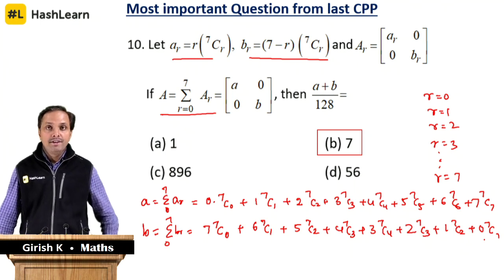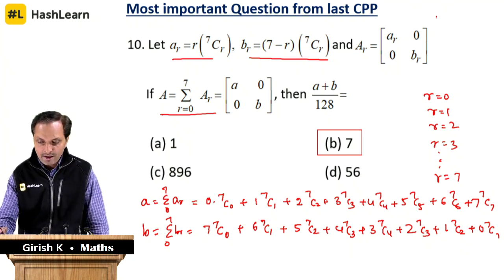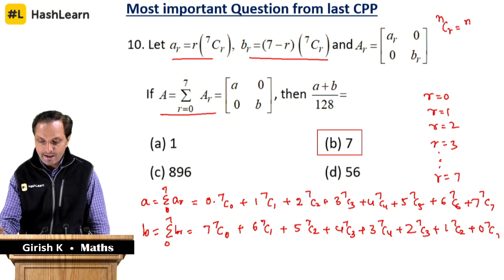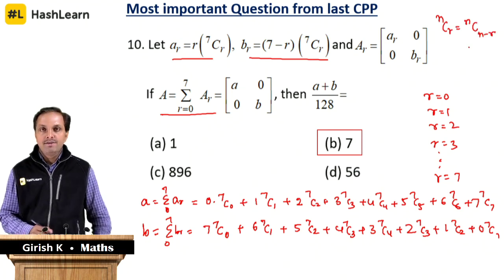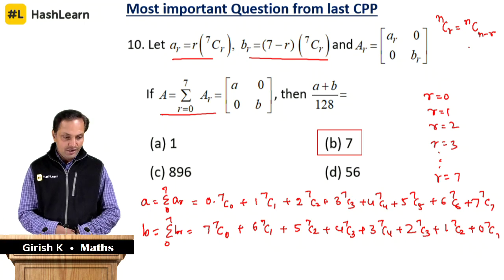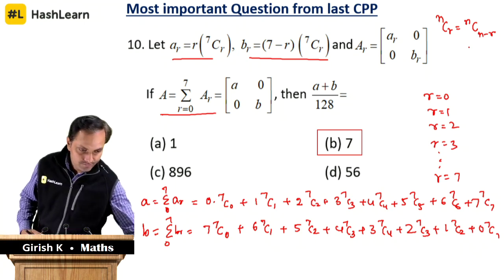So what you can do here is, according to the formula, NCR is equal to NC(N minus R). This is the result you all know, the combination result.